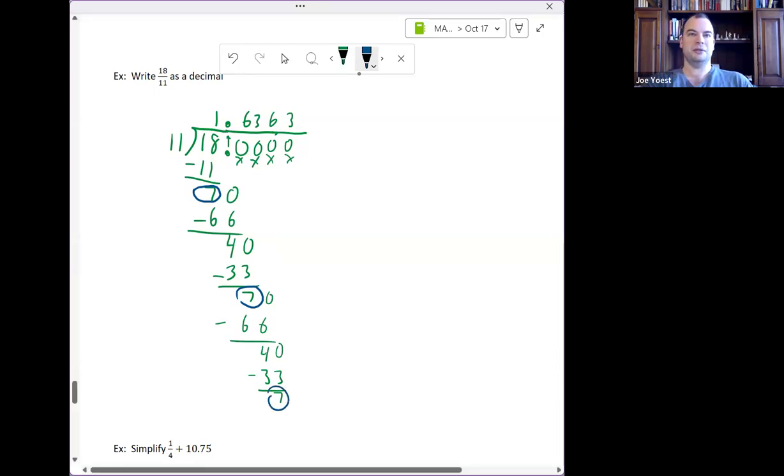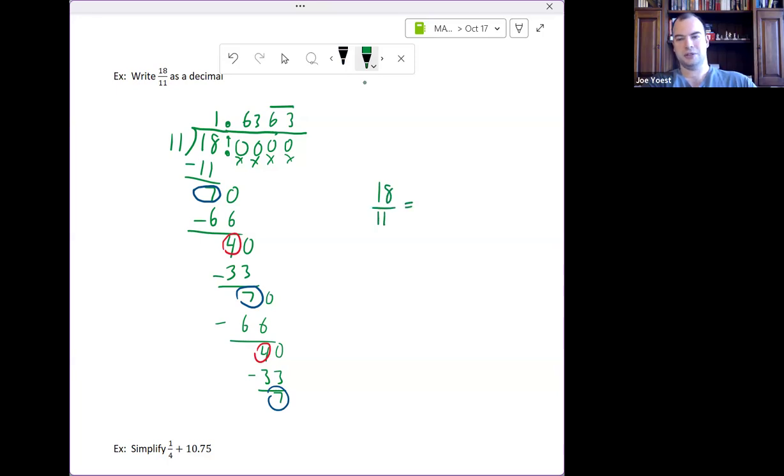I see a remainder of 7, then 4, then 7, then 4, then 7, then 4. It's going to keep going like that. I know that this 6/3 is just going to keep repeating.